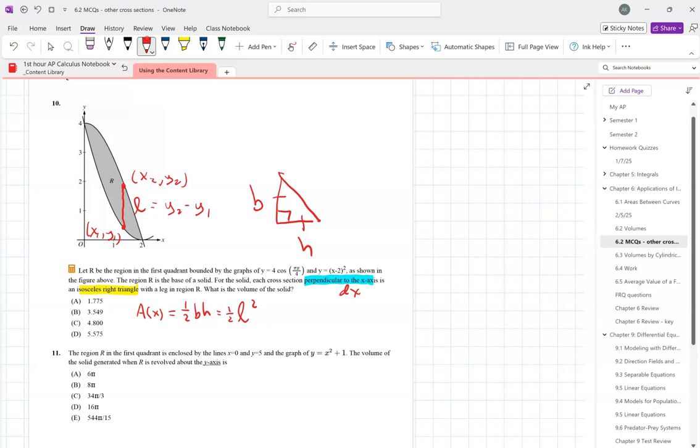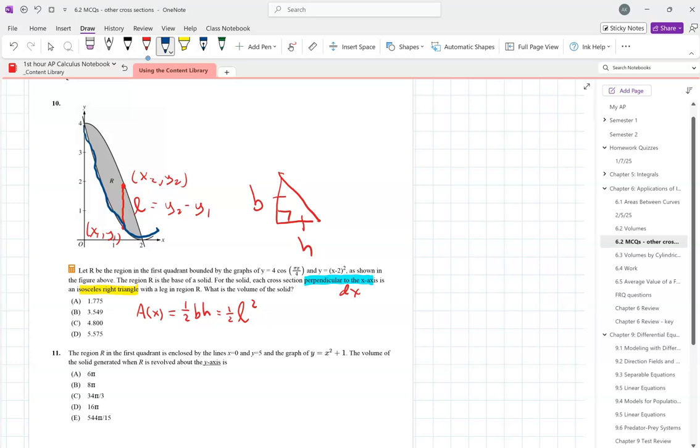Now I know that y1, this curve, is that the quadratic one or the cosine one? Quadratic one, I can tell because it's opening up, and that's a positive leading coefficient on that quadratic, so that's got to be the quadratic one, because the other one is concave down, which is not what I'm looking for, right?